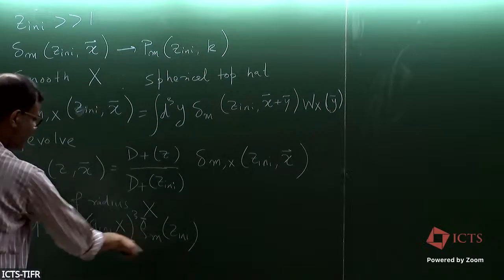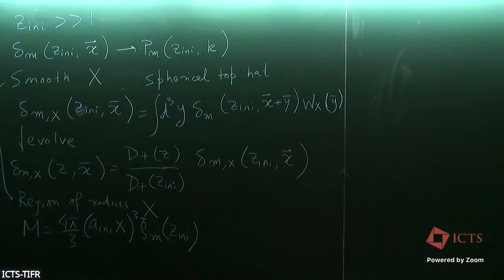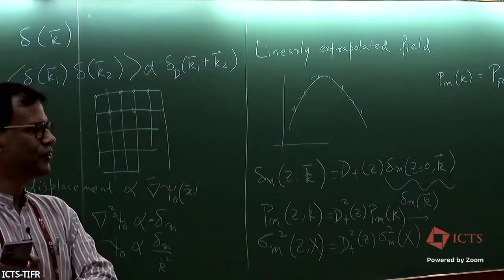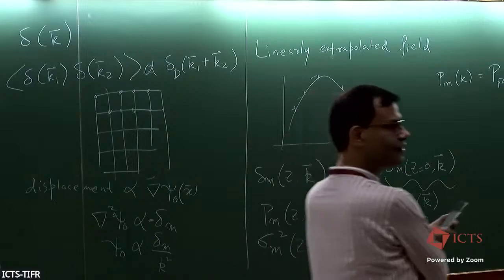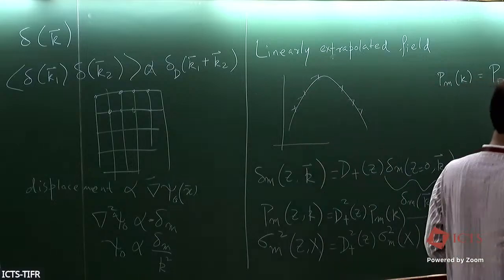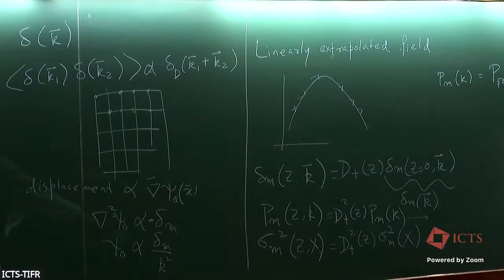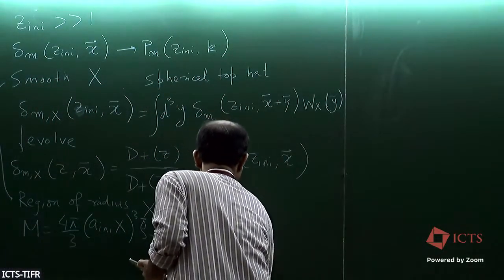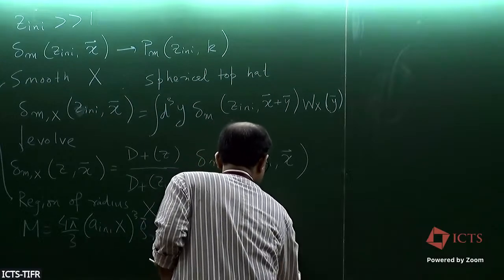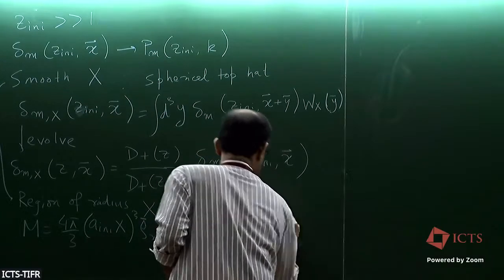Rho m bar z initial times a initial cube, what do you think it will be? What is rho m bar at some a given in terms of rho m bar today? 1 by a cube, and you are multiplying by that same a cube, so you will end up with rho m bar today. So this will be 4 pi by 3 x cube rho m bar 0.